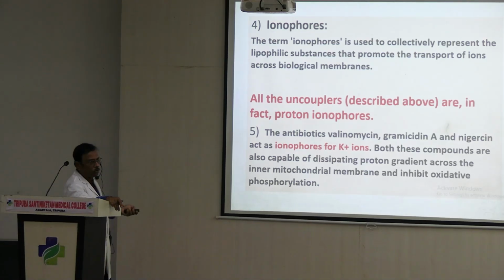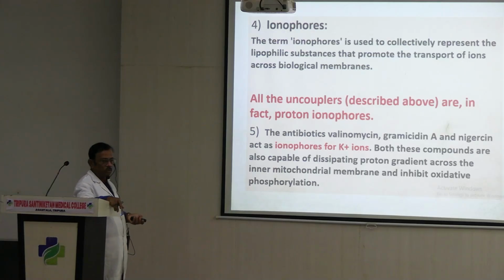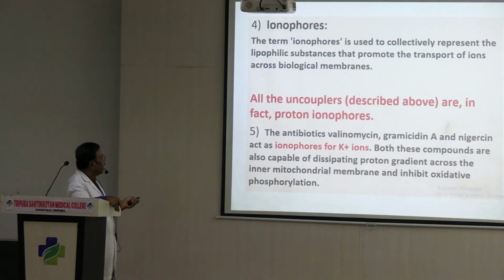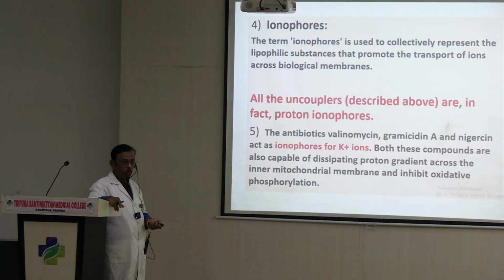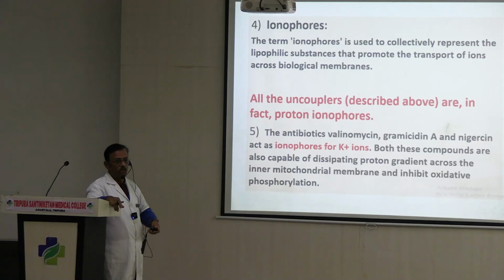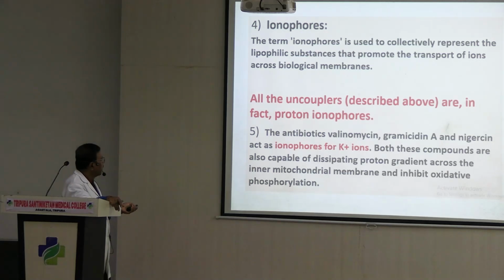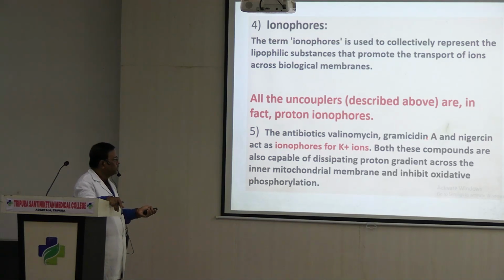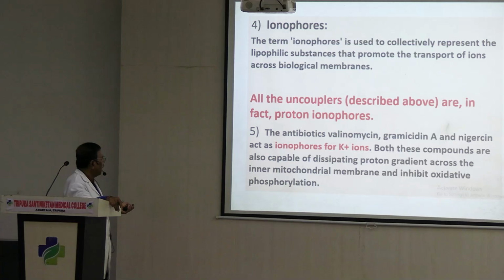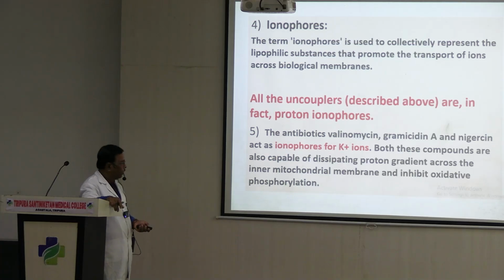So far we have mentioned dinitrophenol, thermogenin and others. All the uncouplers described are in fact proton ionophores; they allow passage of protons. But the antibiotics valinomycin, gramicidin A, and nigericin act as ionophores for potassium ion.